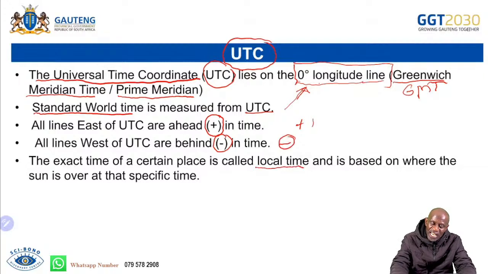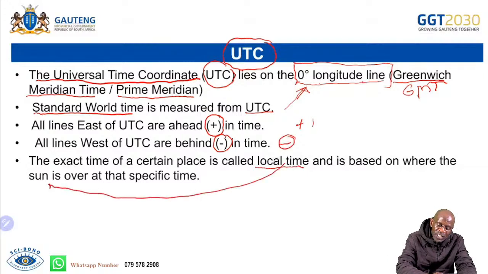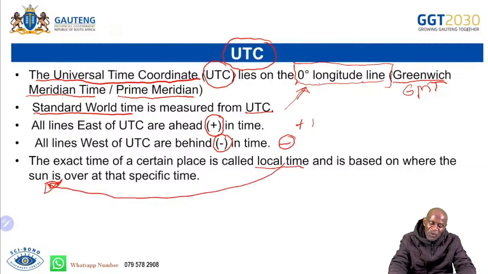So the issue of time has a direct relation to the movement of the sun. You know where the sun lies in the morning, where the sun lies midday, and where the sun lies in the afternoon. And in the olden days, people used to guess time based on the position of the sun. Remember, the sun is not moving.